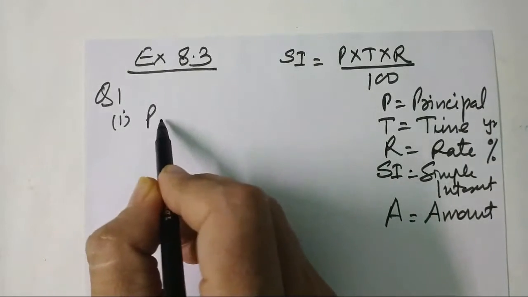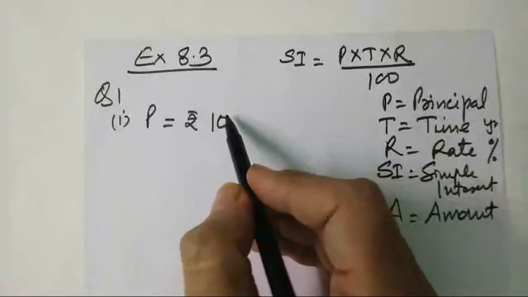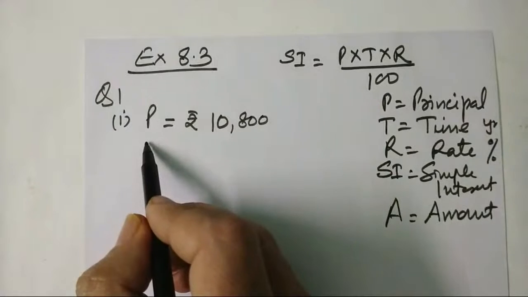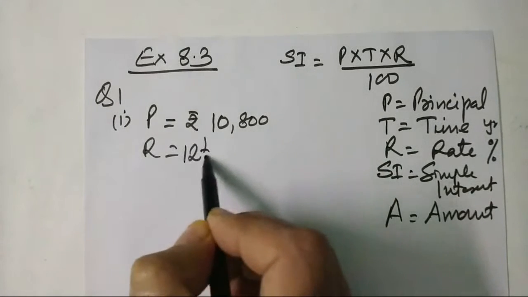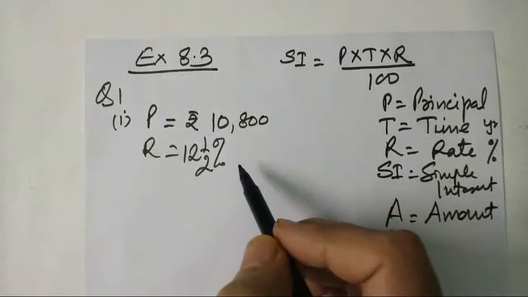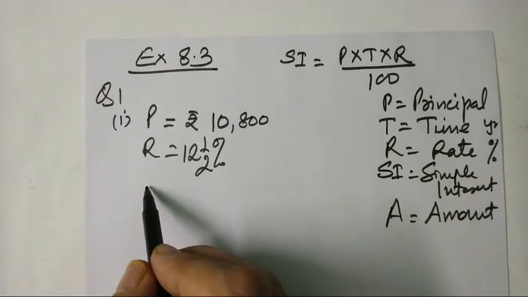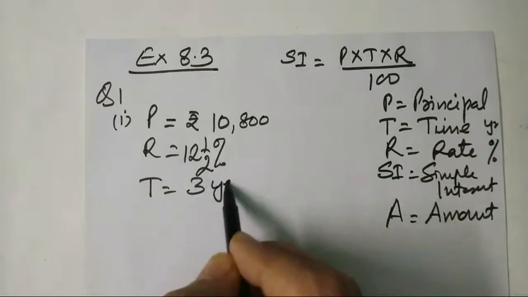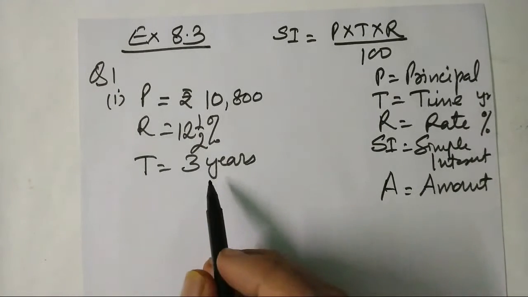P principal is given rupees 10,800. This is the principal at a rate of 12.5%. This is the rate of interest, and it is time of 3 years. It is kept or borrowed for 3 years.